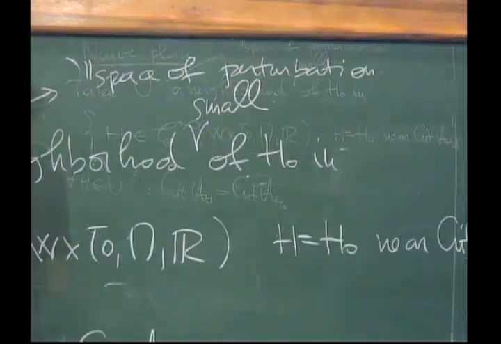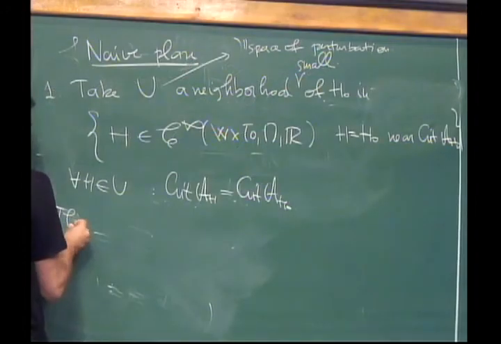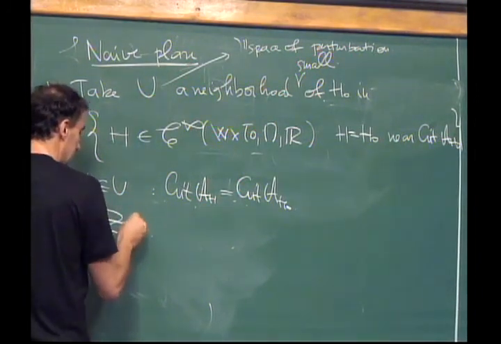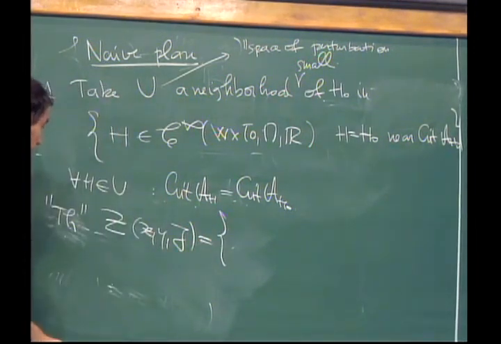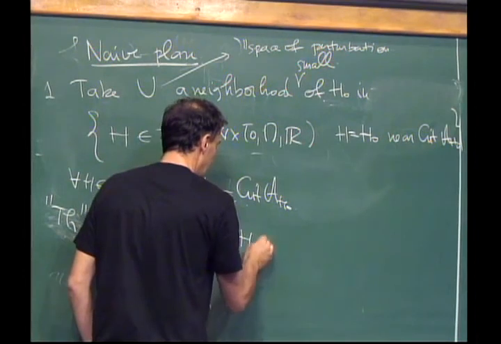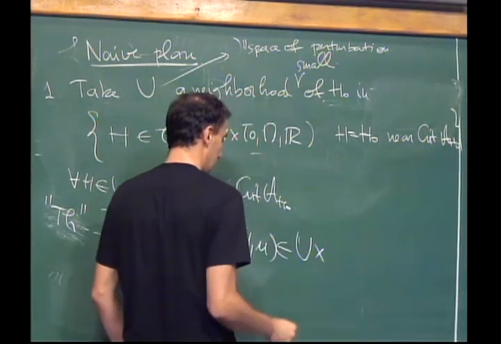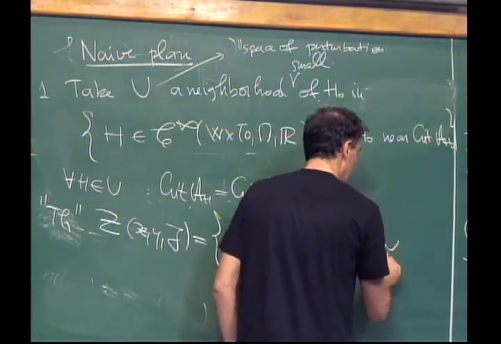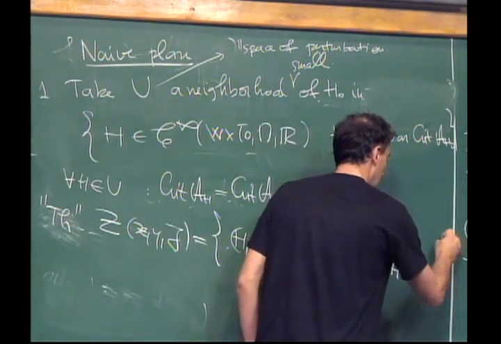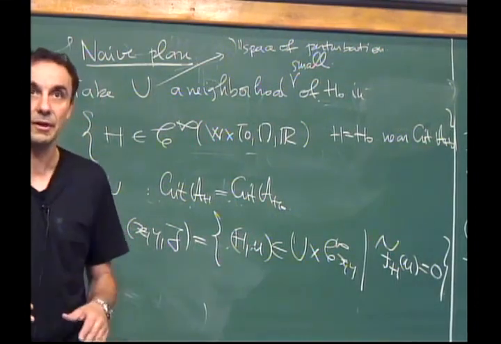And then I define this, so say, theorem, but this is what I want to prove, that this space, which is formed by H and u belonging to this U times C infinity xy, such that the Floer equation holds, so these are solutions of the Floer equation for this Hamiltonian, right?